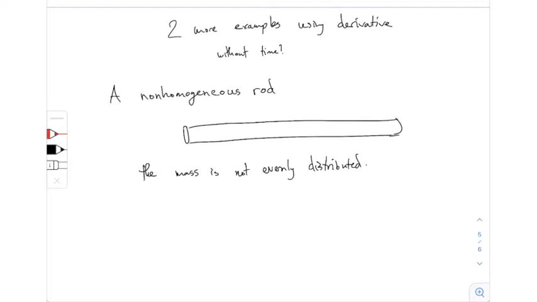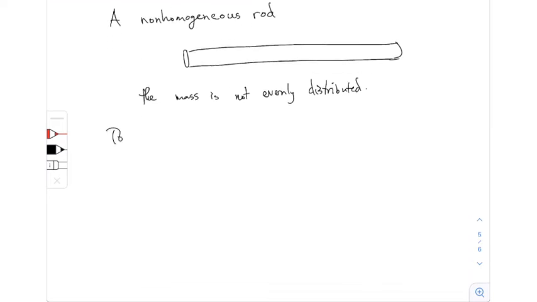But if you wanted to really describe this very specifically, I think the only way to describe the mass is you basically have to describe a function that tells you, as I move across the rod, how the mass is changing as I go down the length of the rod.